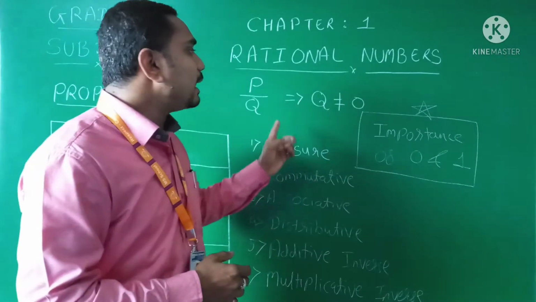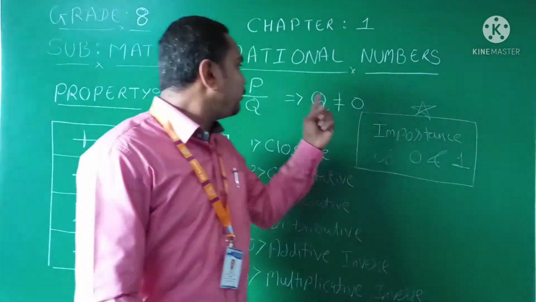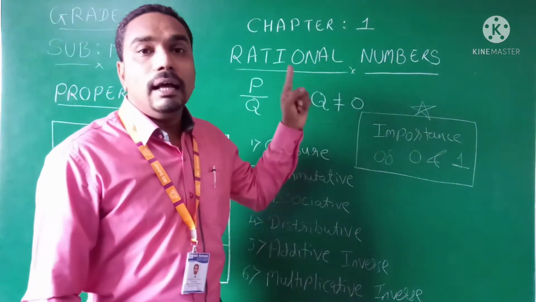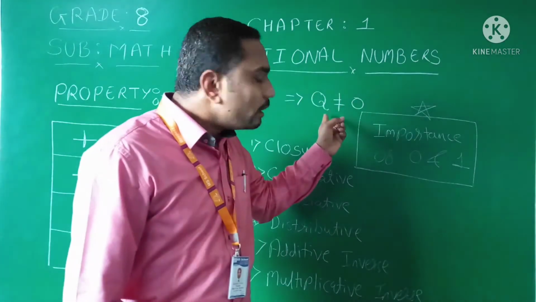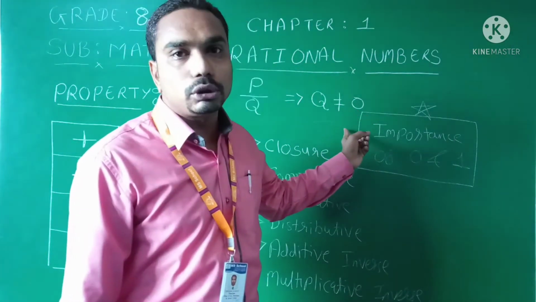Here we have one condition: if a number is in the format of P upon Q, the condition is that Q should be non-equal to 0.